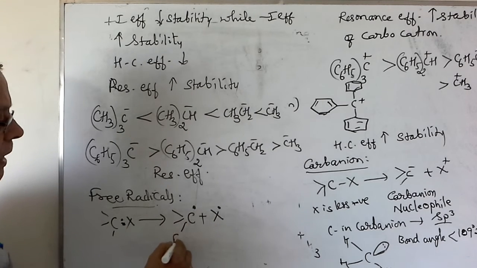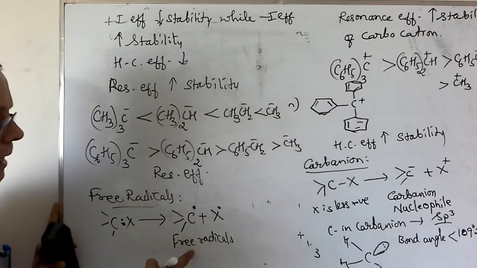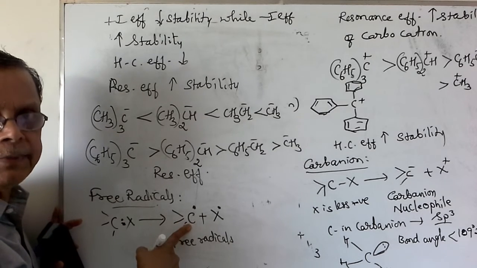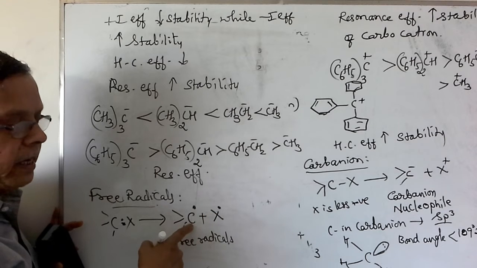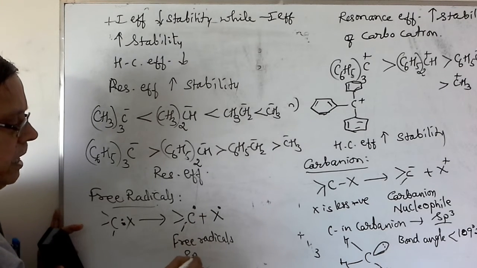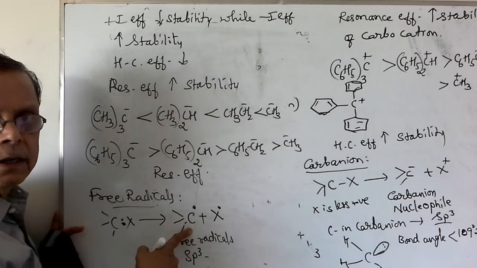So this is a free radical. Free radicals contain the unpaired electron on the carbon atom. It is actually sp3 hybridized with one unpaired electron present in the p orbital. So this is an sp3 hybridized carbon atom containing one unpaired electron.